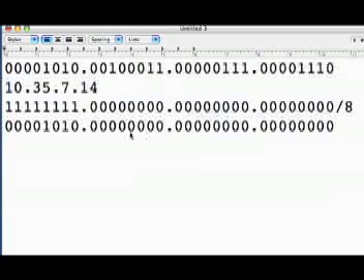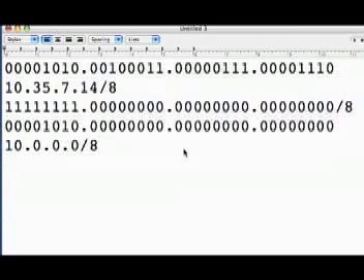So the network portion for 10.35.7.14/8, which is the natural classful network mask, is 10.0.0.0. That's the network for it. But we want to do subnetting.